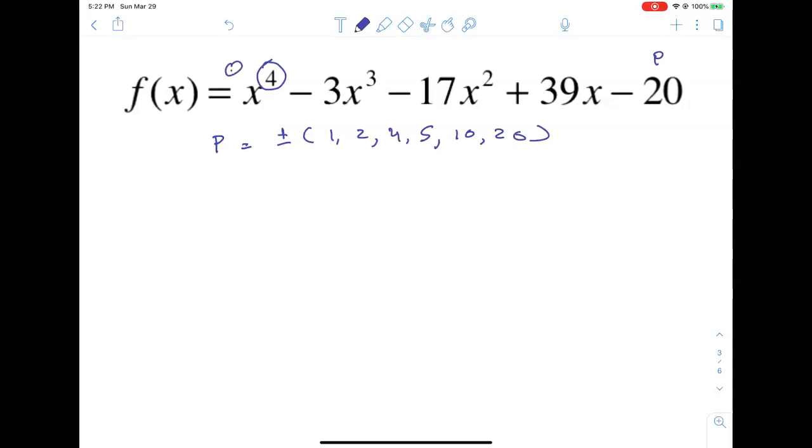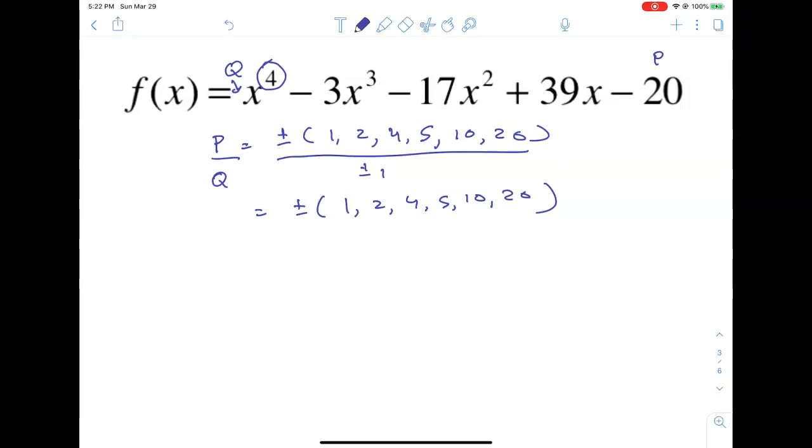Now the factors of q, remember q is this right here, which is just 1 this time. Nice. That makes it a little bit easier. So it's all the factors of p over plus or minus 1, which are just basically all the factors of p. All right, so those are our only rational possibilities for this one.